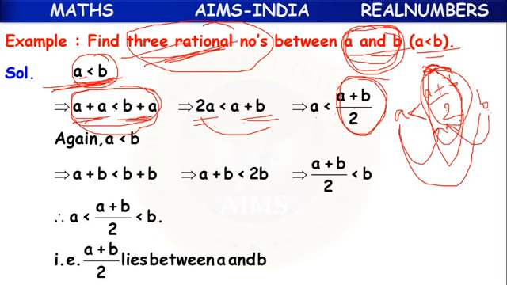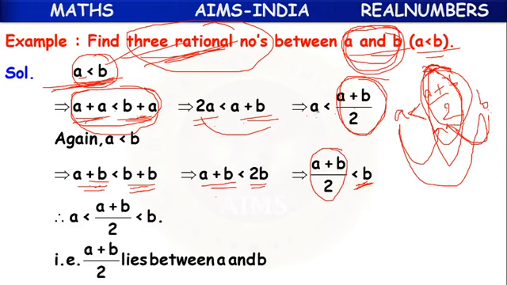For verifying the second part, let's add b on both sides. This will become a plus b, and this will become 2b. 2 will come to this side. So we get a plus b by 2 less than b.